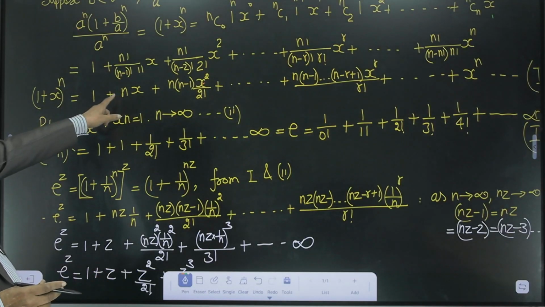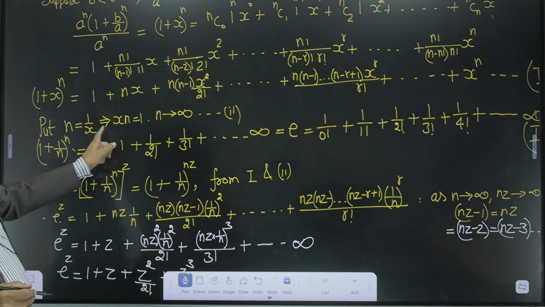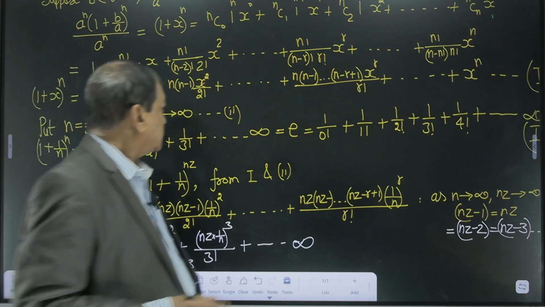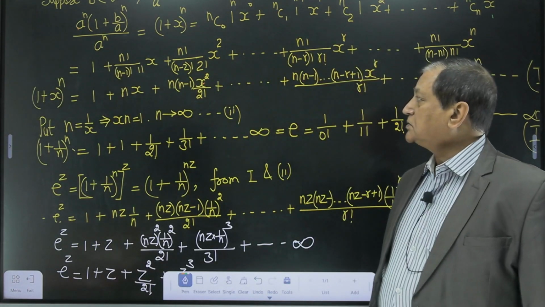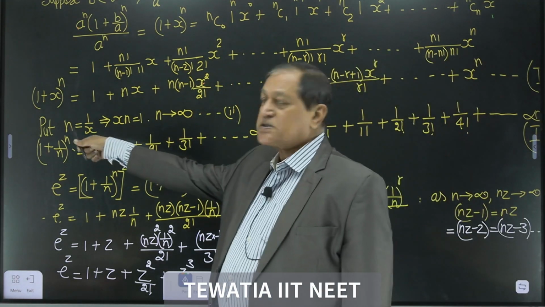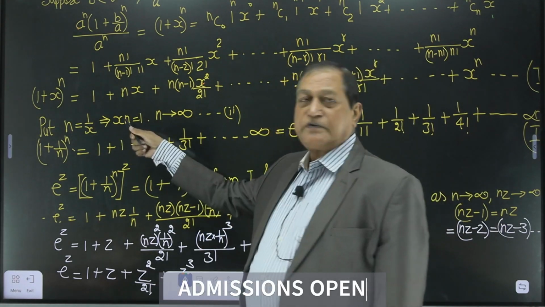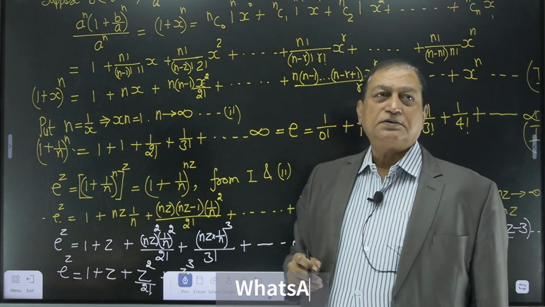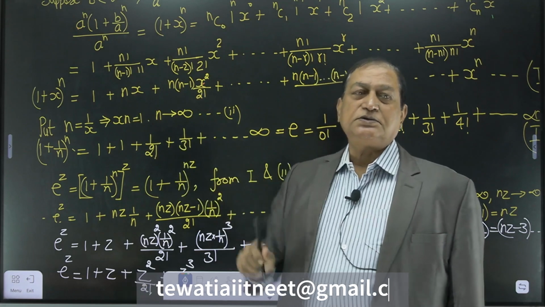In this expression, if I put n equal to 1 by x, so that xn is equal to 1, and n tends to infinity. You can see in equation 2, when n tends to infinity, x tends to 0, but their multiplication is always 1. Say n is 10,000, so x will be 1 by 10,000.